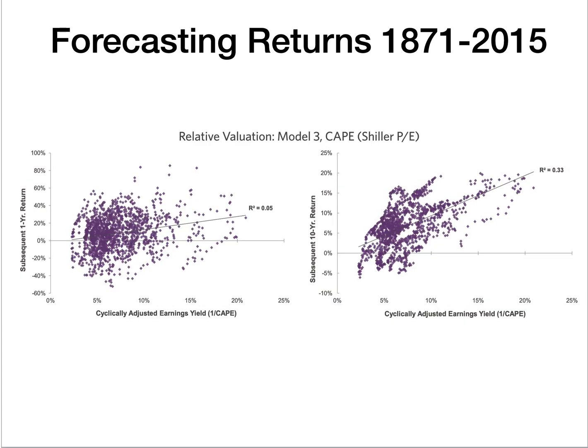Maybe the last one we'll do is the Shiller CAPE. Actually, they're putting the earnings yield, which is the inverse of the CAPE here, and they're running the regression. So when the earnings yield is higher, that means CAPE is lower, you get a higher return.